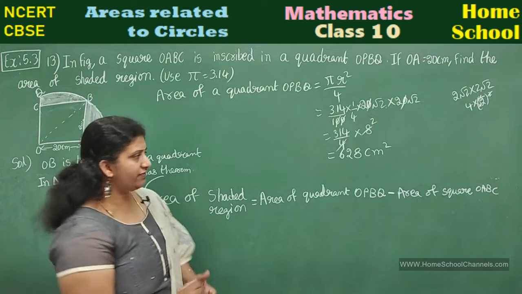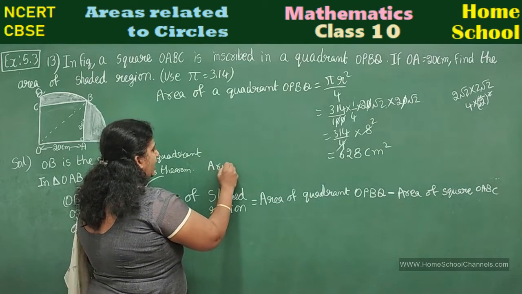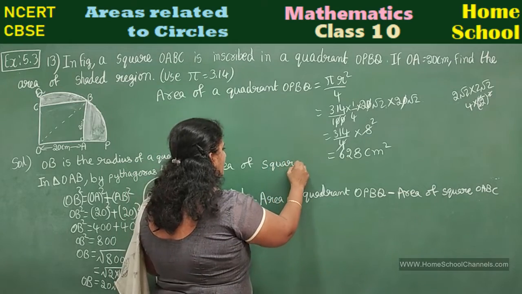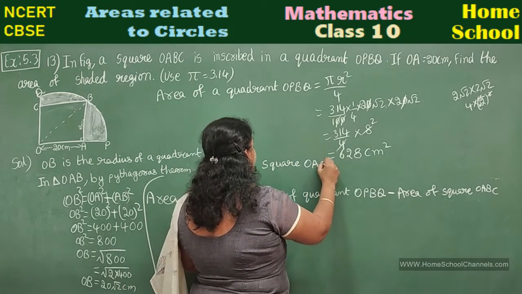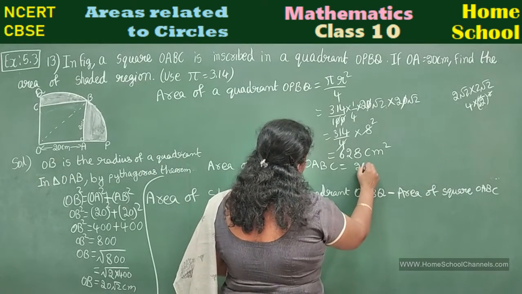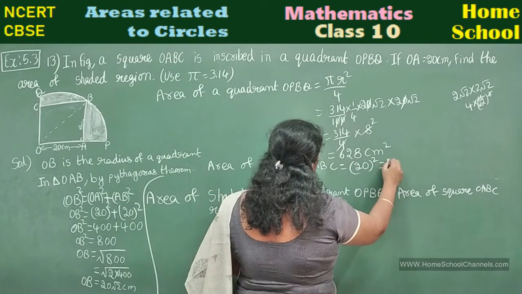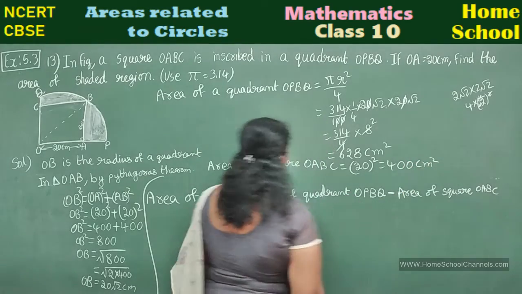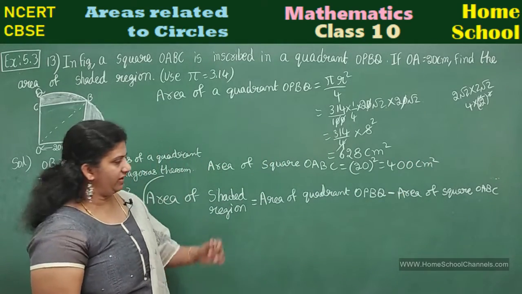Next, find the area of the square. Area of square OABC is equal to side square. What is the side length? 20 centimeters. 20 square is equal to 400 centimeters square, which is the area of the square.